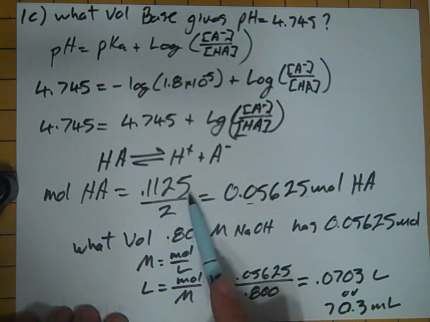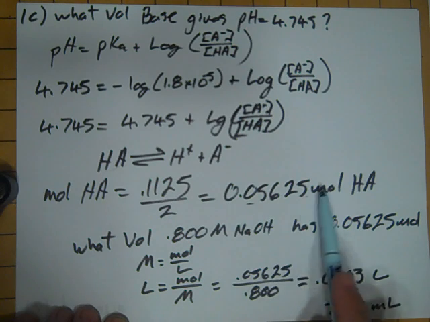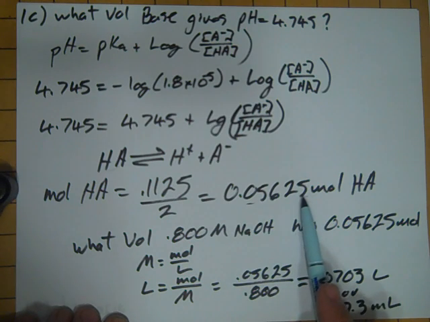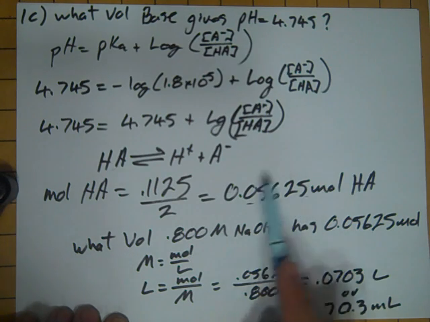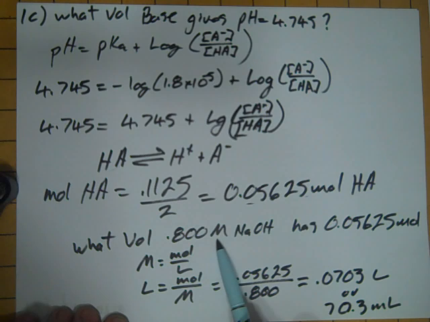So I just took my original moles of HA, divided it by 2. That's how many I have to have left, which is how many OHs I have to add. And to get that many OHs, I have to put in 0.0703 liters.